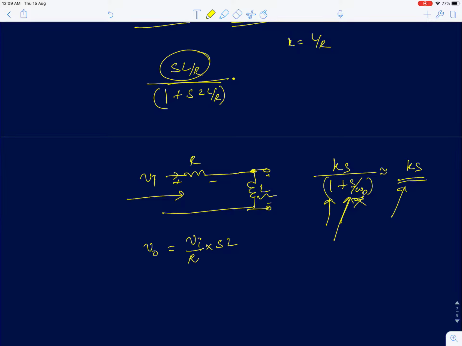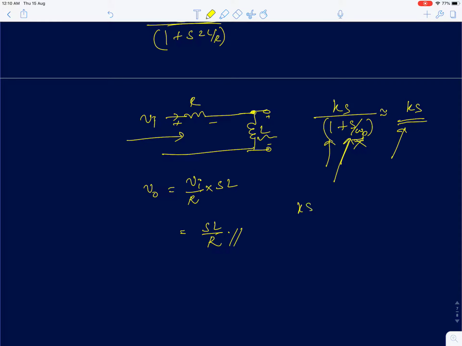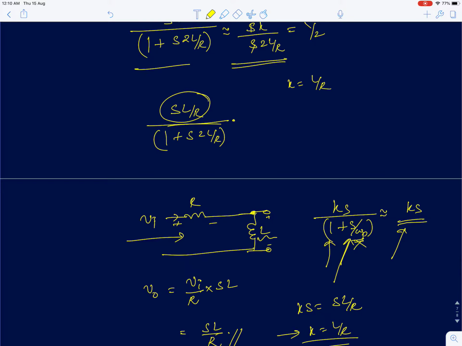So the transfer function at low frequencies is going to be SL by R. If I equate Ks equals SL by R, I am going to get k as L by R. So we can obtain the value of k using the low frequency analysis approach or the high frequency approach. You will get the same value for both.